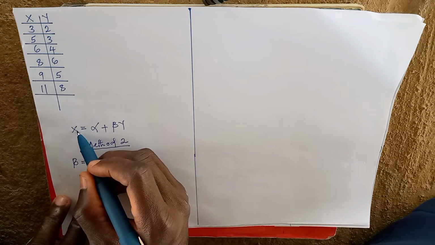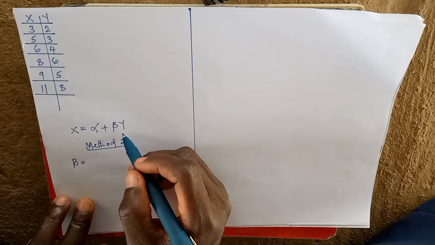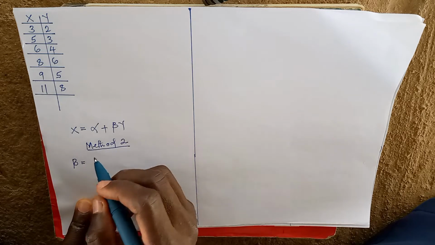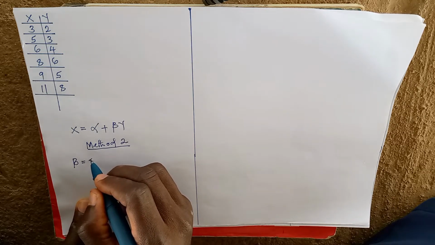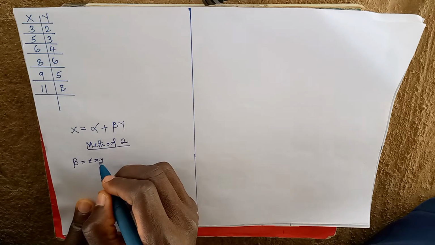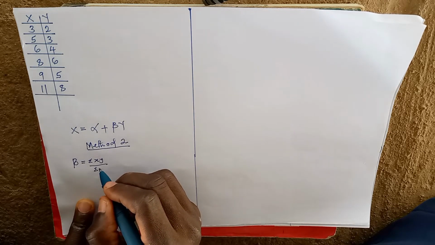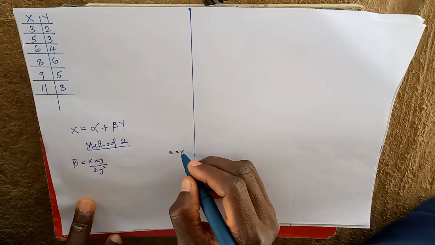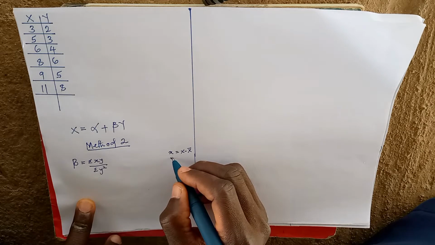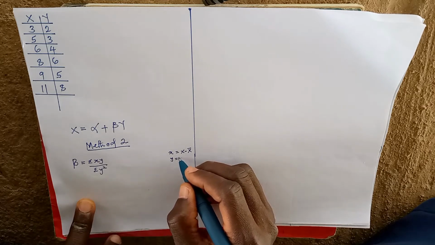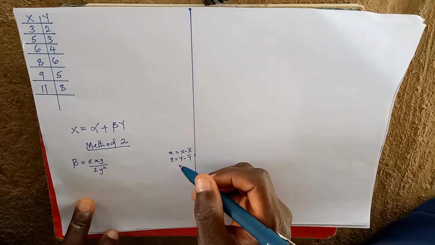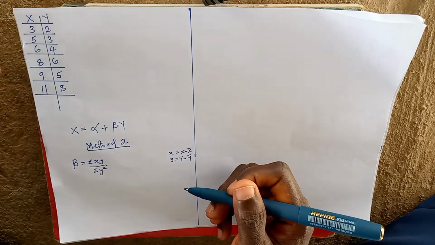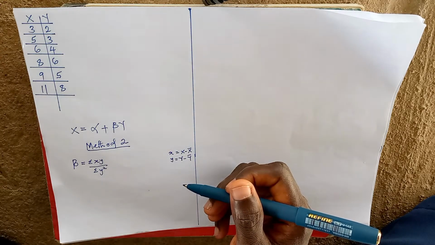Here you can see we have capital letters, but in this case we are dealing with lowercase, small letters, in which our small x equals x minus x bar and our small y equals y minus y bar. So that is exactly what we need to form in this column in order to get exactly what we are trying to find out.